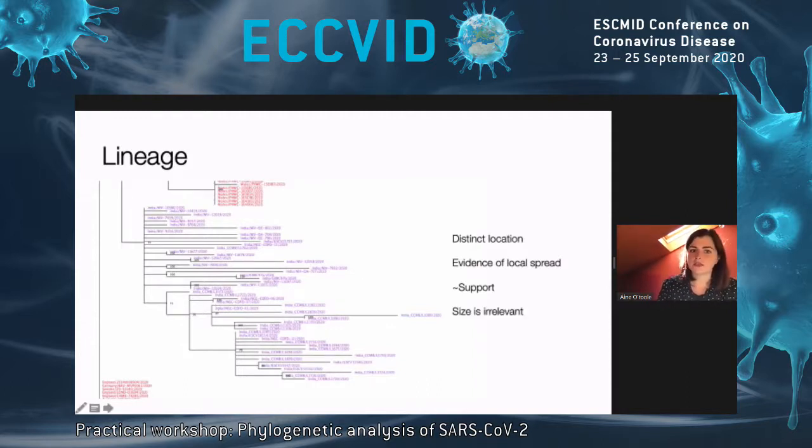One thing to note is that size is irrelevant. So you can have really small lineages as well as really big ones. Some of the lineages we've defined are just a handful of sequences, say like 6 or 7 sequences even.